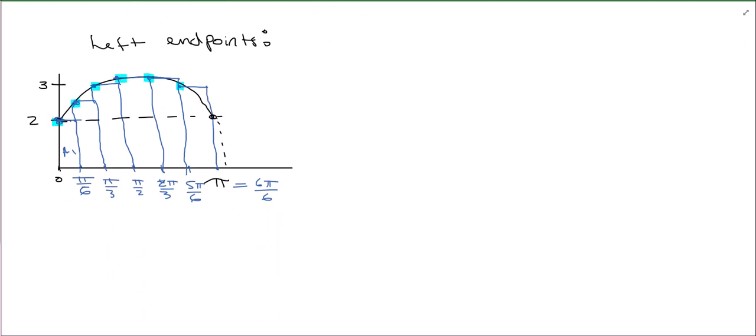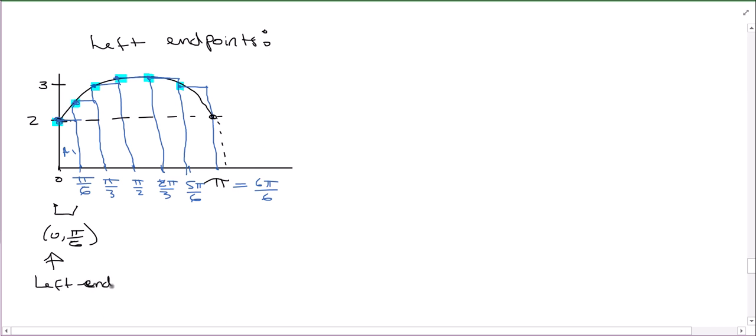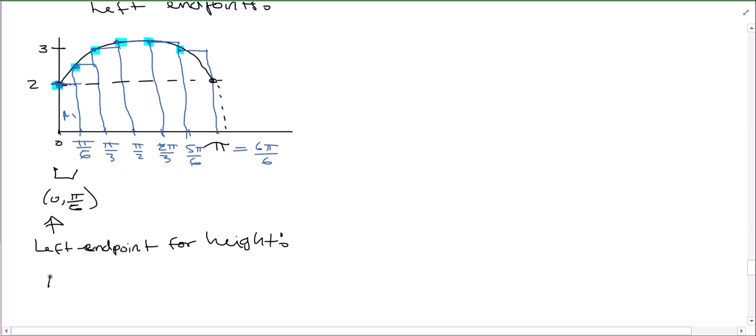So we draw our rectangles with the left endpoint being the height. So notice that our first subinterval here is the interval 0 to pi over 6. So using the left endpoint is going to give us the height. So when I do the area, then my area is going to be approximately delta x, so pi over 6 times then f of, for each of these rectangles, right, this is my A1, A2, A3, A4, and so on.